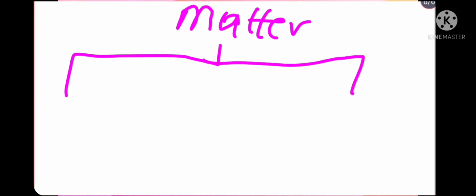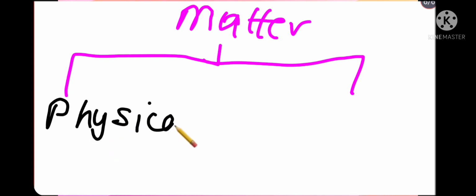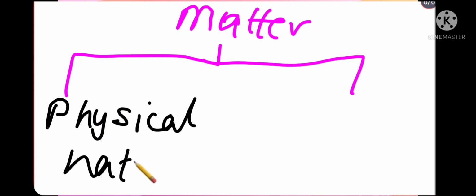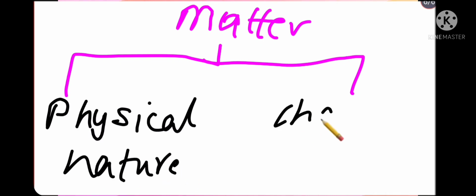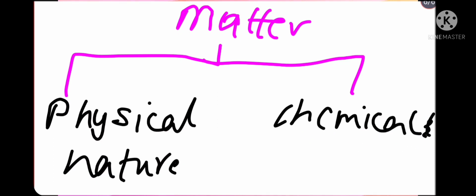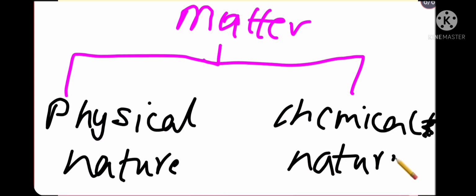They are physical nature and chemical nature. I hope there's no need to explain the meaning of physical and chemical nature. So let's go to the subdivision of these two.